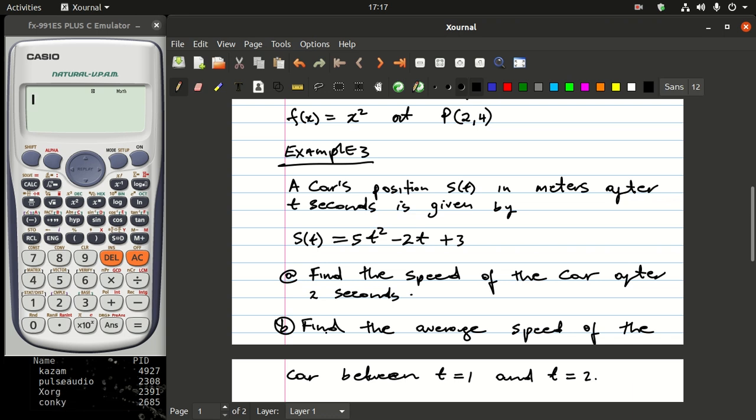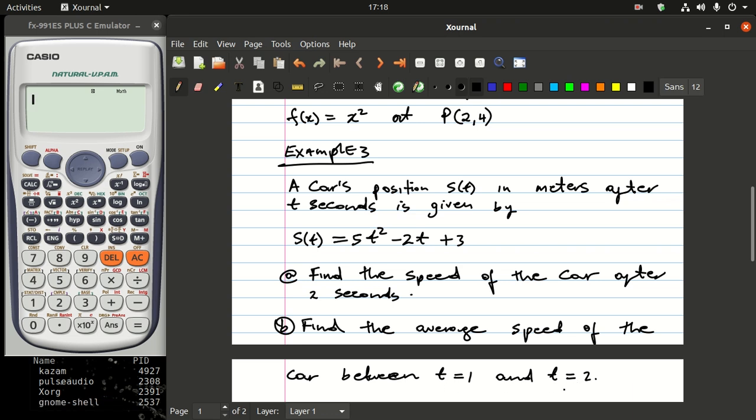What this simply means is that it might happen that the car was speeding up and then started to see a dog on the road. It has to slow down, and then it had to speed up again. So all those things might have happened between t is equal to 1 and t is equal to 2. So we wanted to see if the car was speeding up between these two, or was it slowing down.